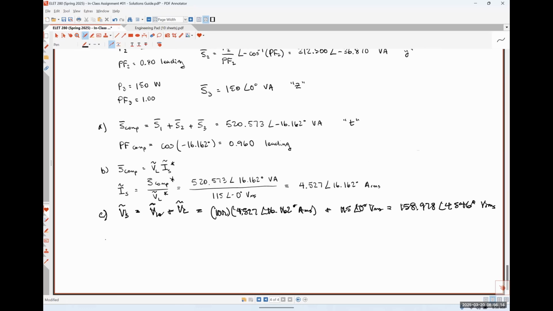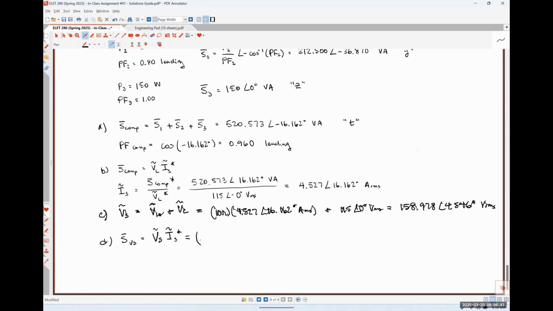So we could say that the complex power absorbed by our voltage source, which is going to be S_VS, should just be VS times IS conjugate.